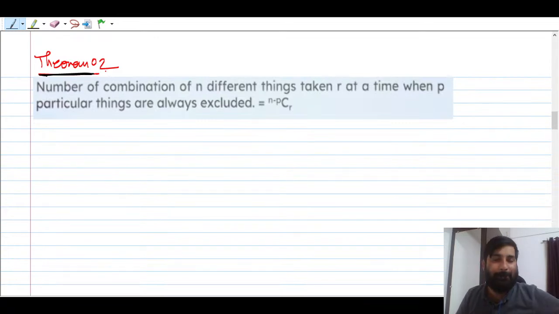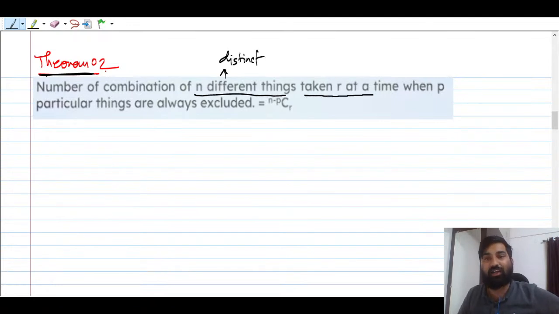Okay. So what we can do here is number of combinations of n different things. Sometimes they will give you distinct things, taken R at a time, means selected R at a time, when P particular things are always excluded.